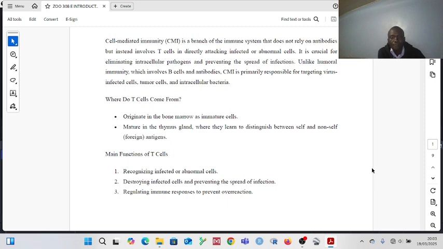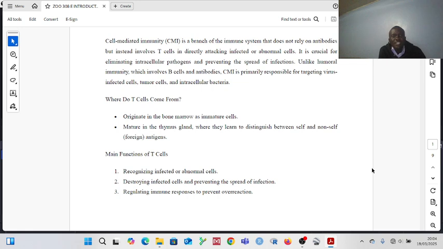So what is foreign? Anything that is not part of you will be foreign, be it a pathogen or any organ, if someone was to even donate blood or anything. So the T cells originate in the bone marrow, but then they move to the thymus gland where they mature. And as they mature, they are now trained on how to distinguish between self antigens and non-self antigens. We'll look at that more, most likely the next video.